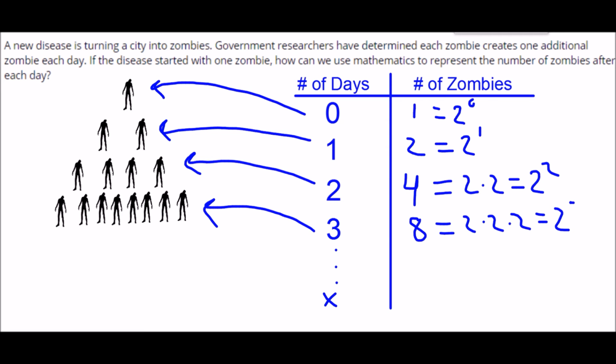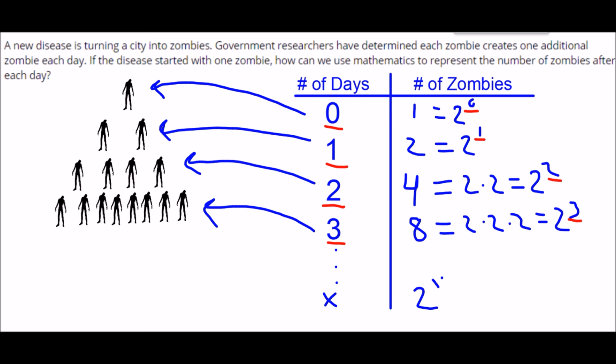And what you might see here is that the number of days is the number represented in the power with the base number of 2. Same thing with the 1 as the exponent, the number of days 2 is the power, and then 3 is also the exponential power. So our function here uses the base of 2 every time, but the number of days is the power in the exponent.